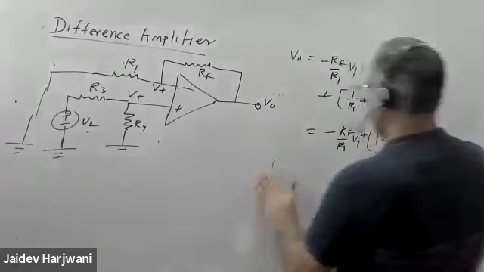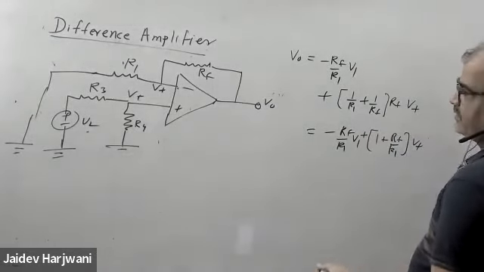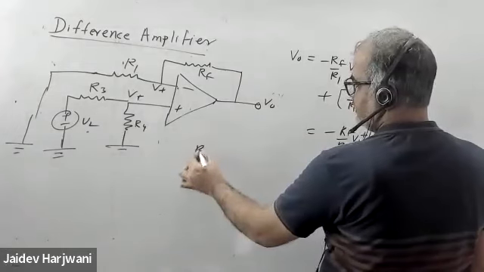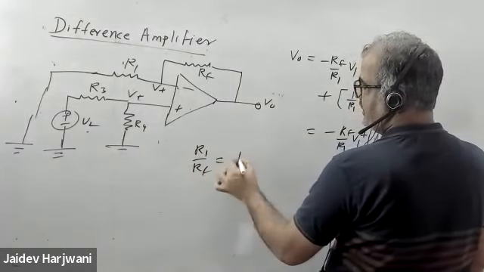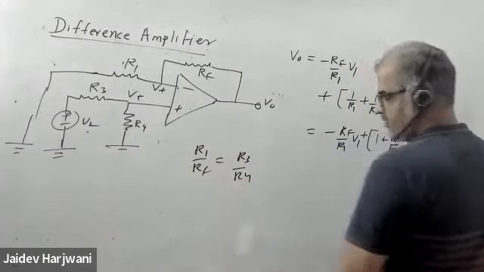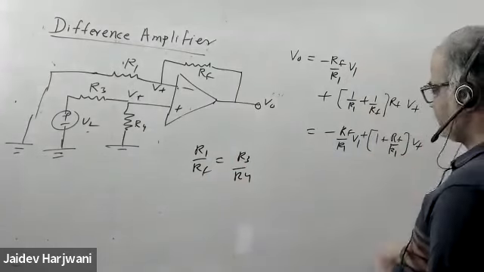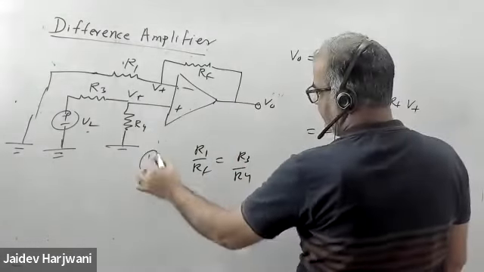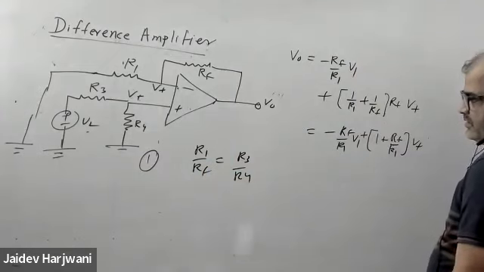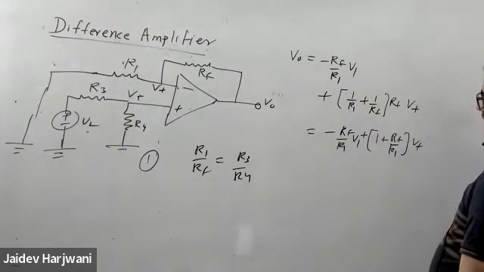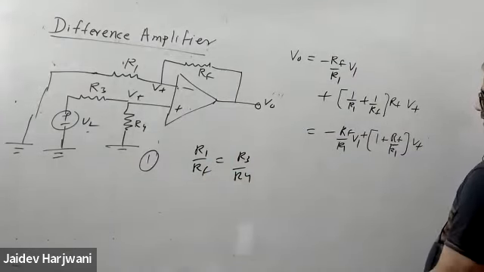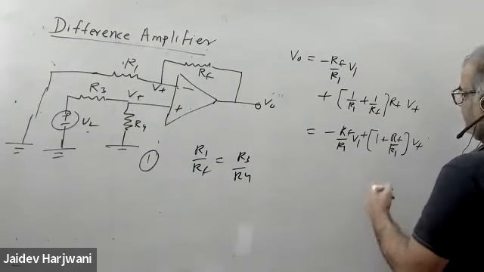Now suppose I take R1 upon RF equals R3 upon R4. In this expression, case 1, if I take R1 upon RF equal to R3 upon R4, then what can I write?